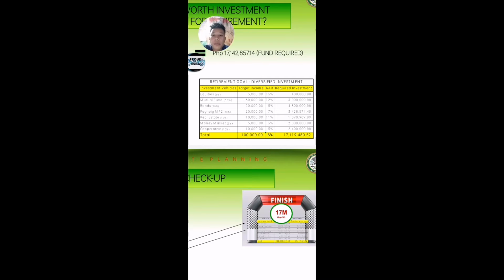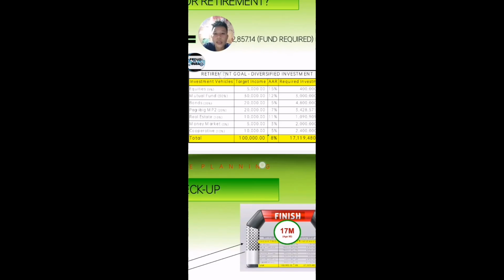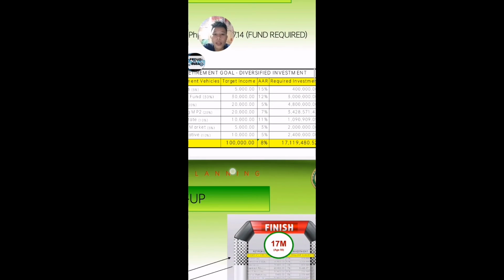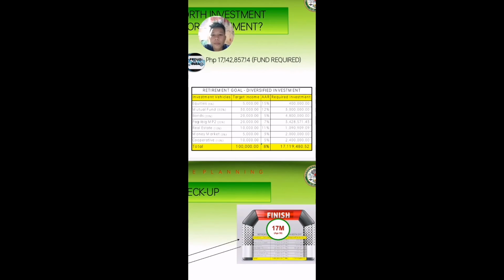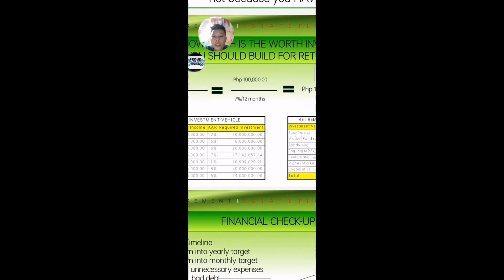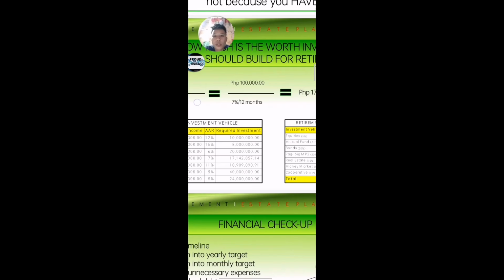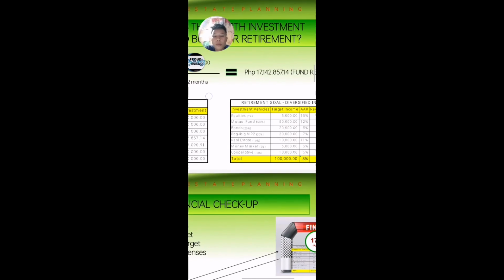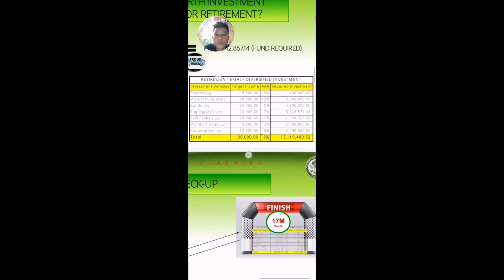For the investment vehicles, equities is 5%. That is 5,000 of the target income. The monthly lifestyle budget is 100,000, so 100,000 divided by 5% is equal to 5,000.